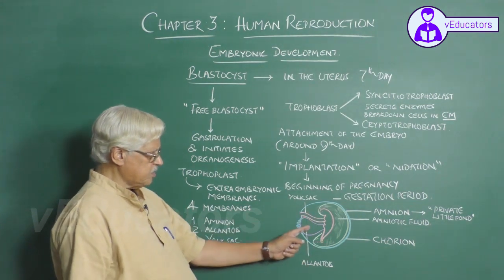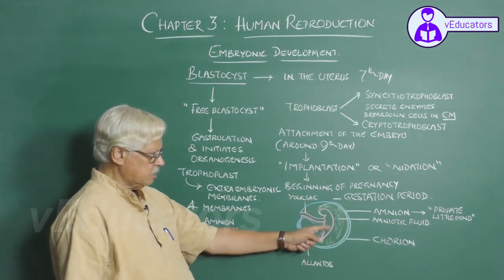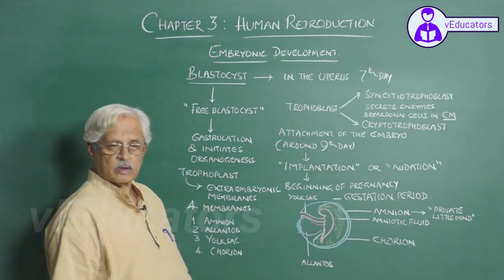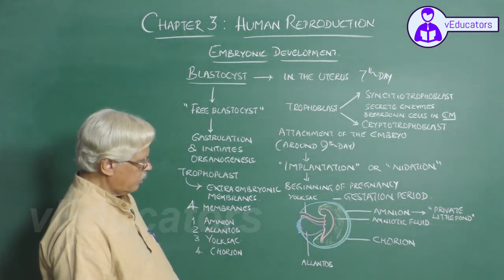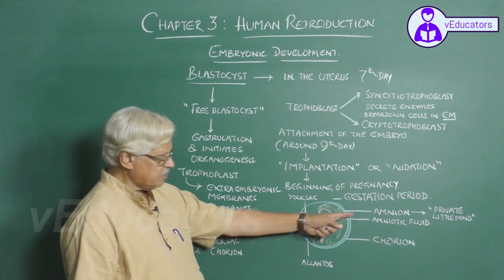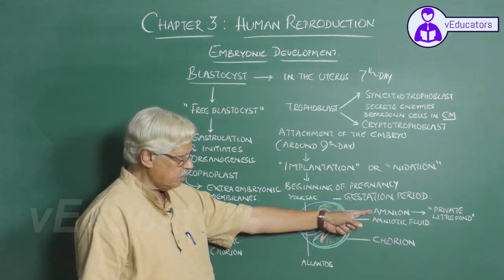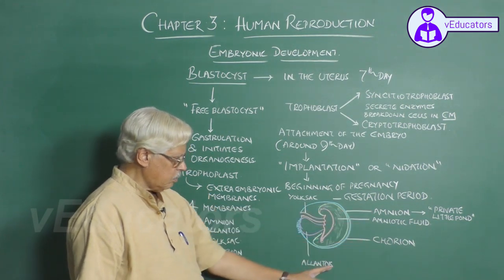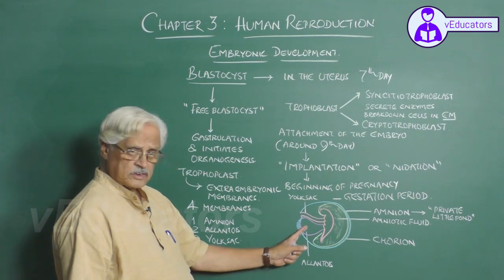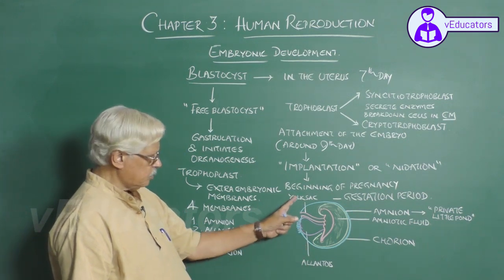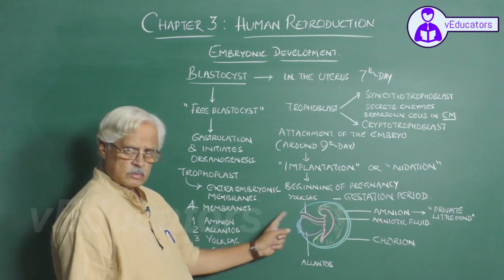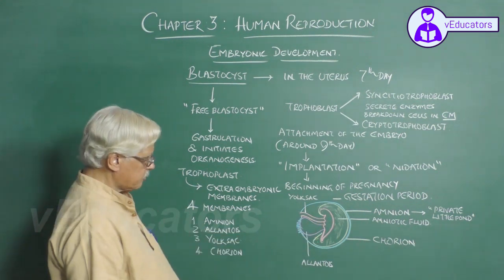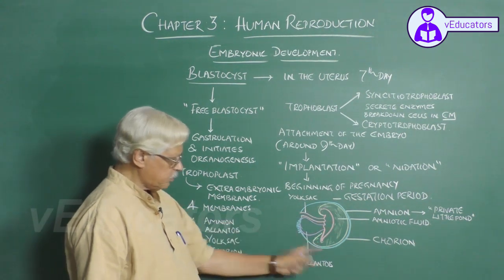It not only protects the other extraembryonic membranes, but also protects the embryo. So amnion provides watery medium, allantois collects the waste materials, yolk sac becomes umbilical cord, supplies nourishment from the mother, and chorion provides protection.